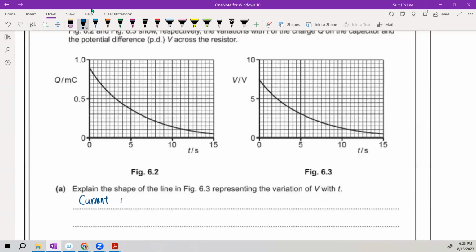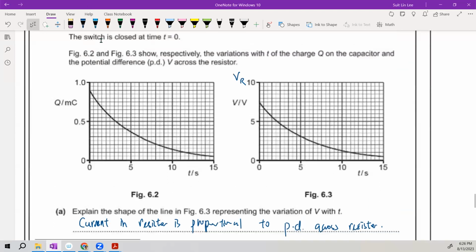I will say the current in the resistor is proportional to the potential difference across the resistor. So this is VR.